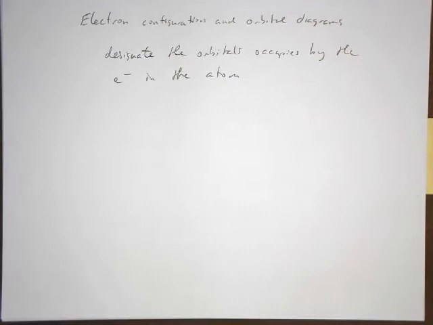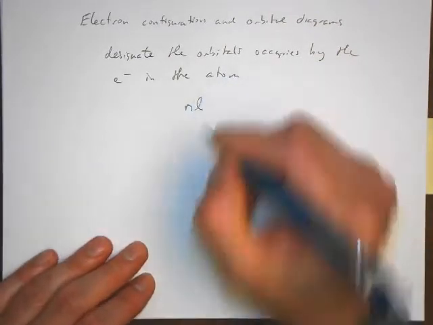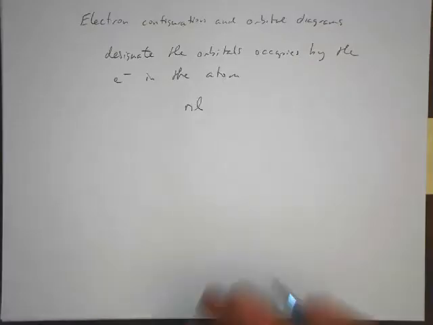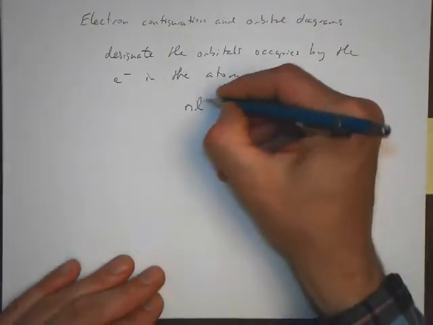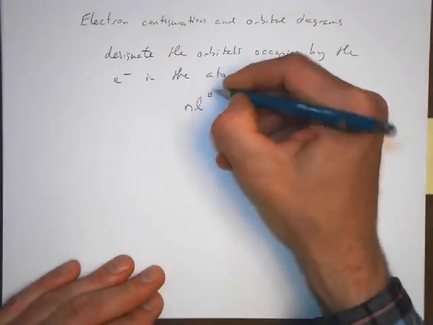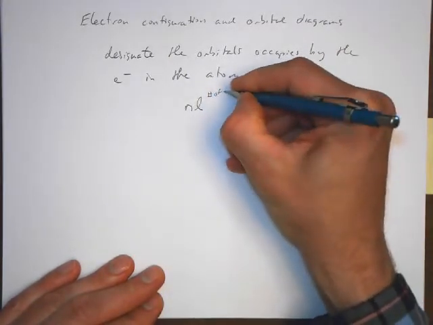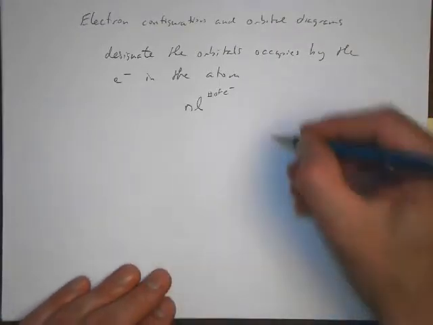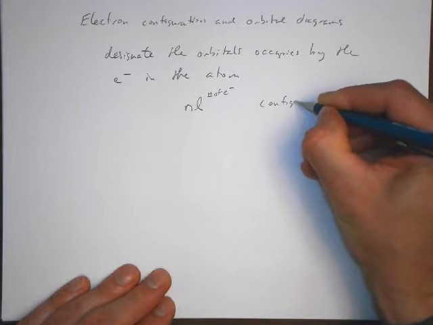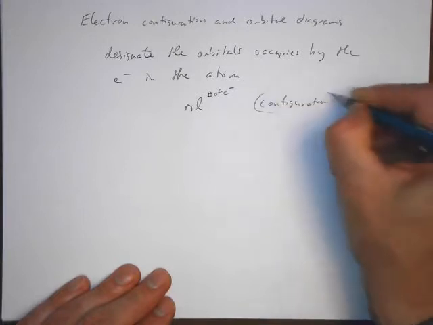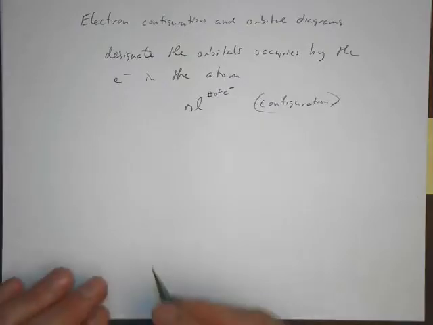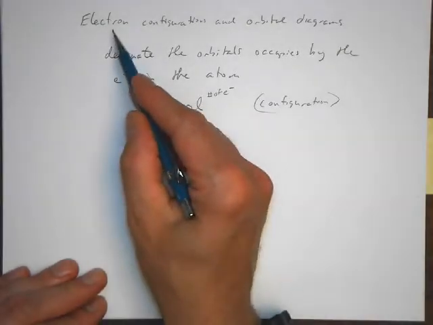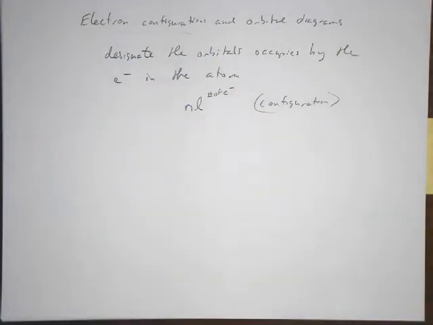And the notation will look like this. Principal quantum number, then the azimuthal quantum number given by its letter designation, and then we're going to put up here in superscript the number of electrons. This is called the configuration. That's an electron configuration, and we'll see exactly how this works in a moment.